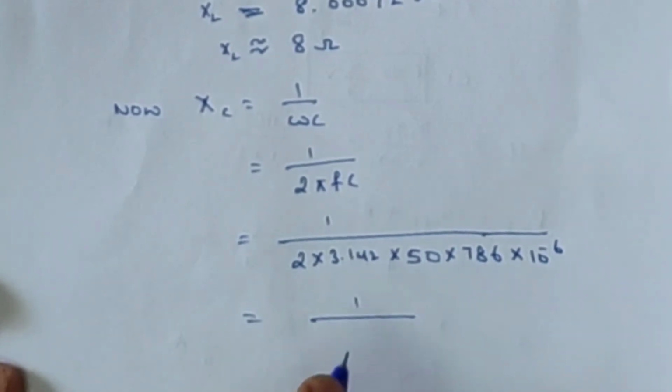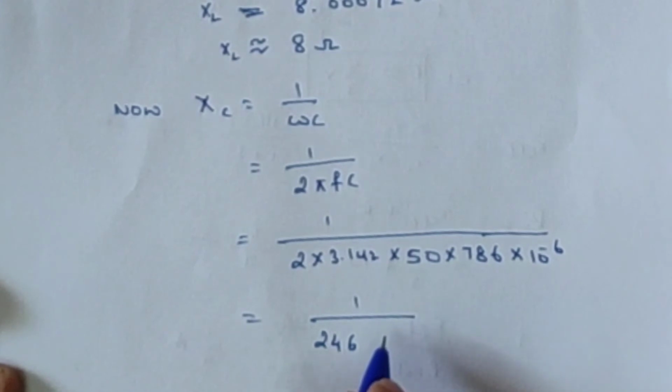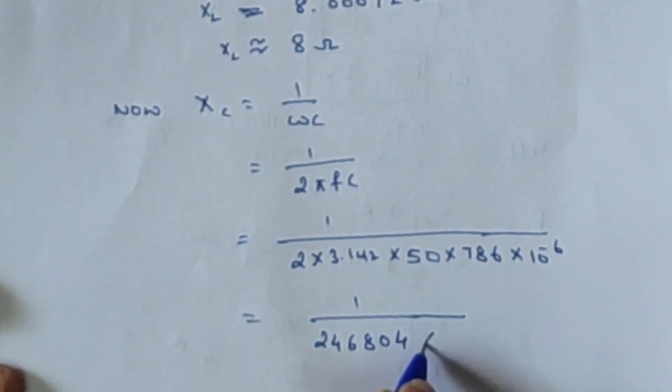When you calculate, we get 246,804 into 10 to the power of minus 6.